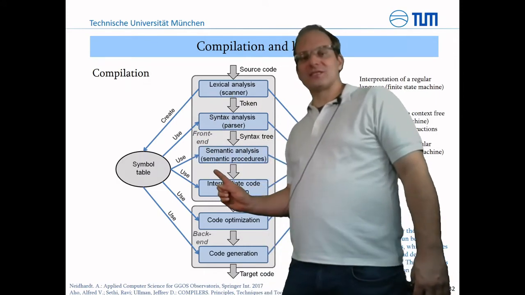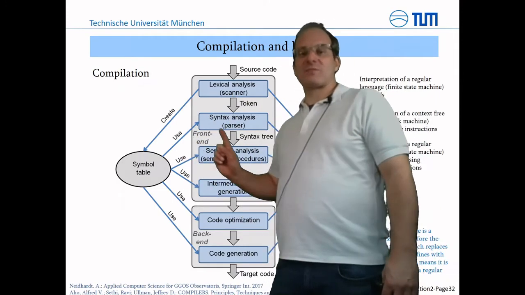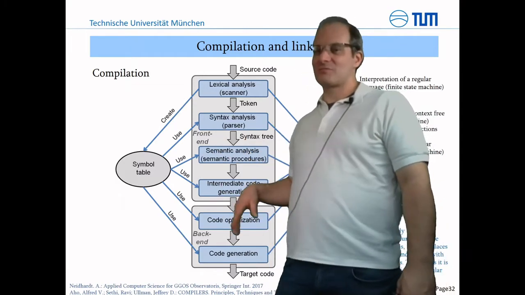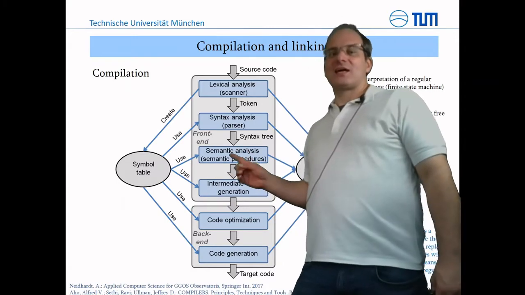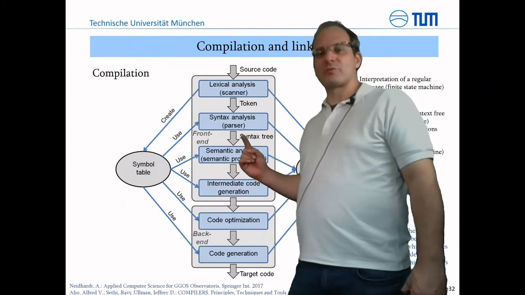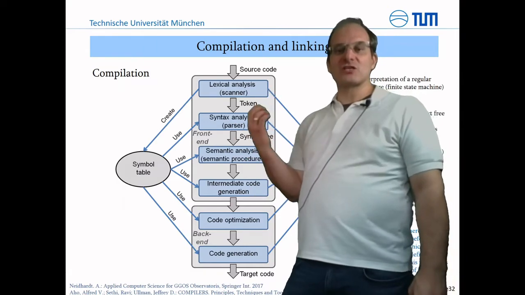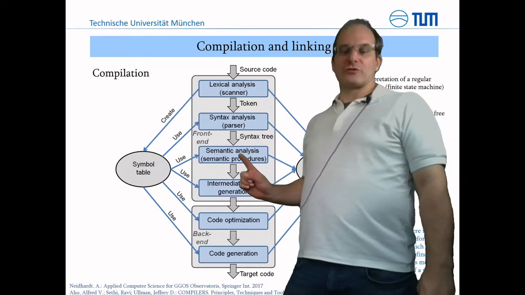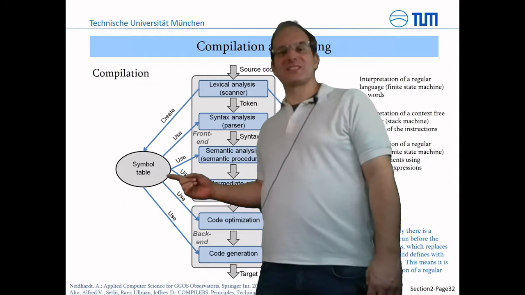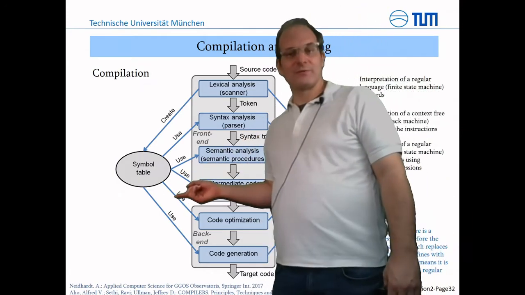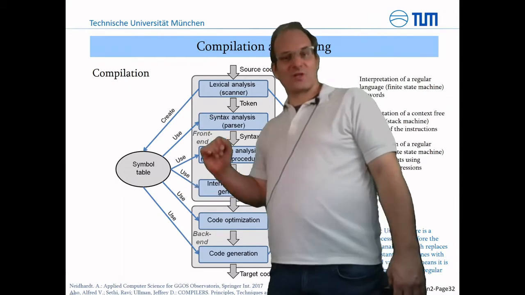And then we do a semantic analysis. The semantic analysis needs a little bit more. So here, Turing machine is not completely correct, but you can think about it: we have to interpret whether it is logically allowed, for example, to do this operation. For example, is it allowed to assign a variable to a constant?